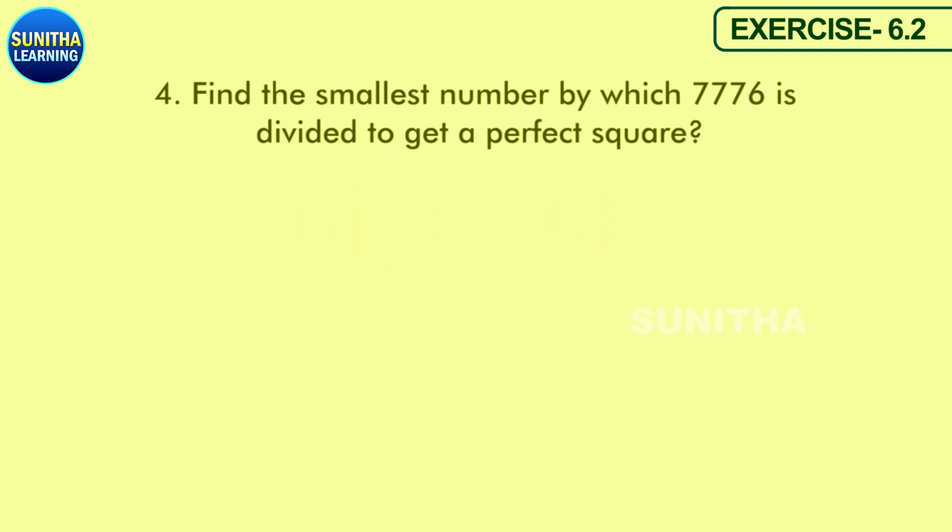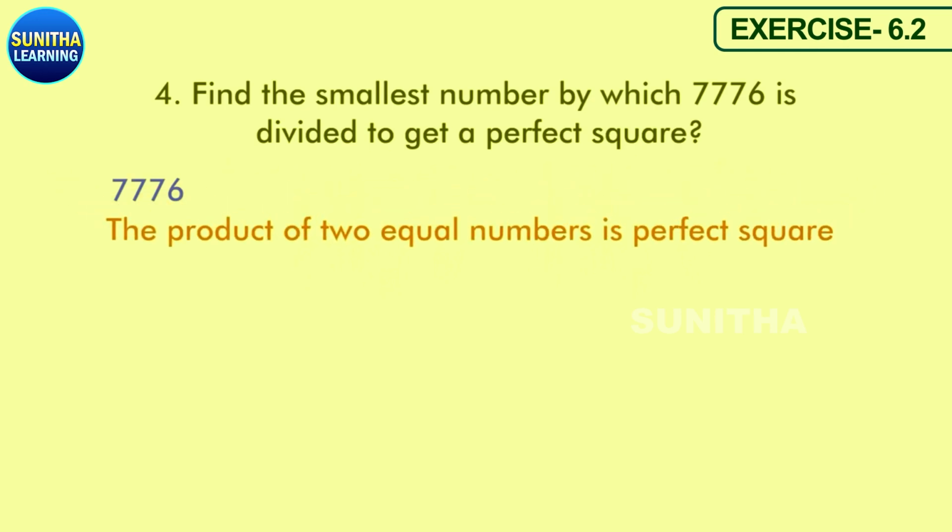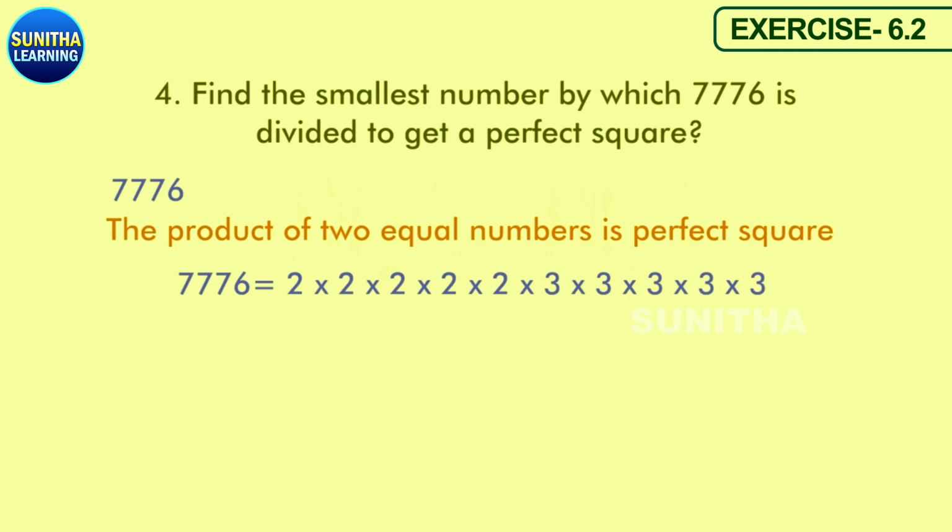Before doing the division, let us take the prime factorization of 7,776. We will get 2 into 2 into 2 into 2 into 2, 3 into 3 into 3 into 3 into 3. So here 5 twos and 5 threes.